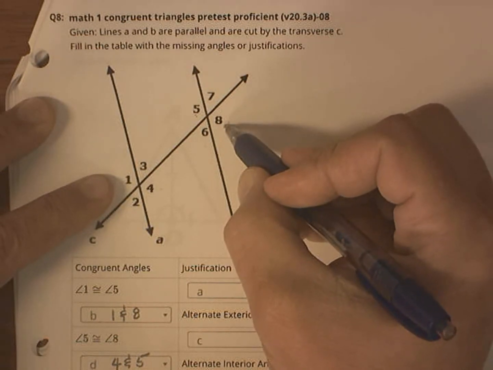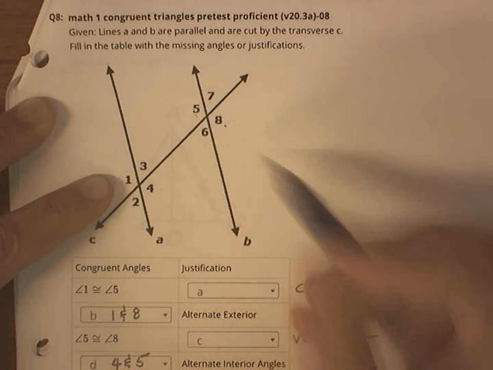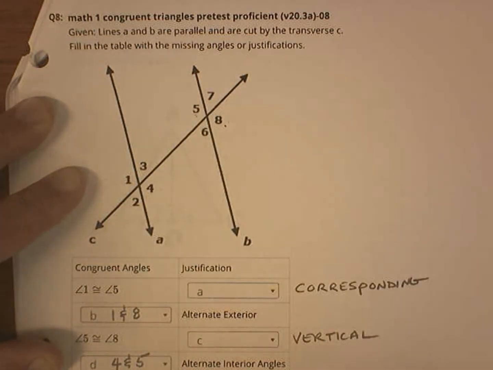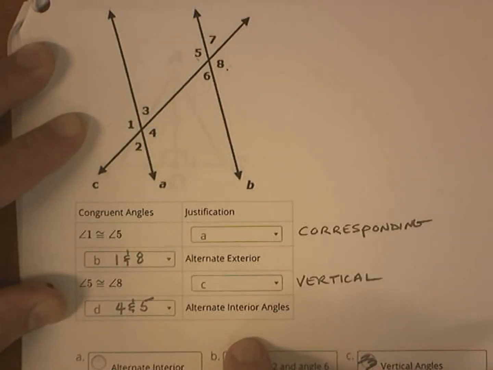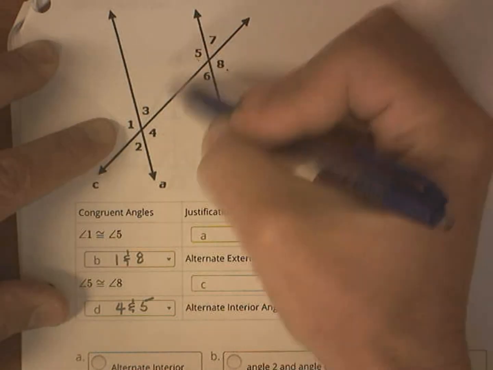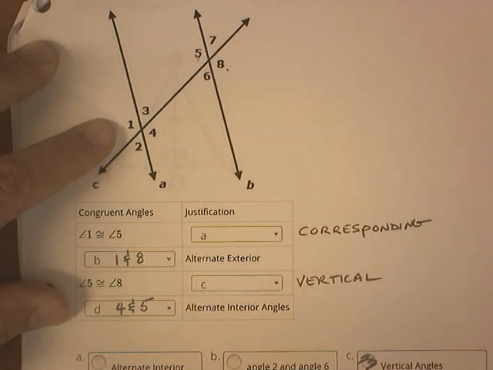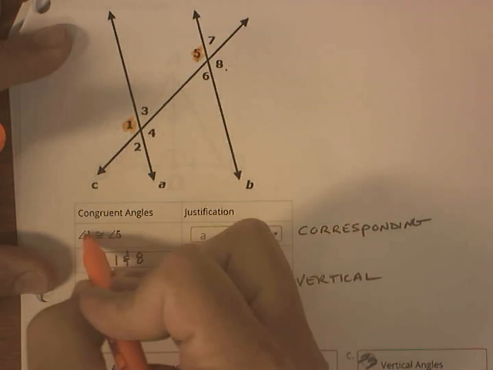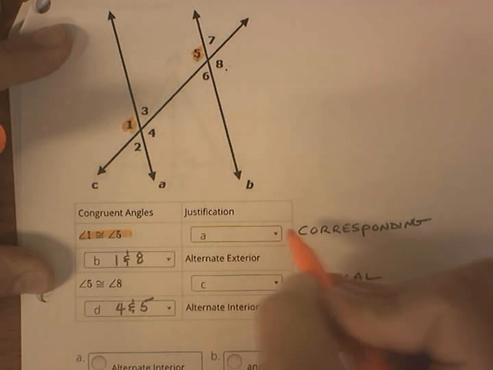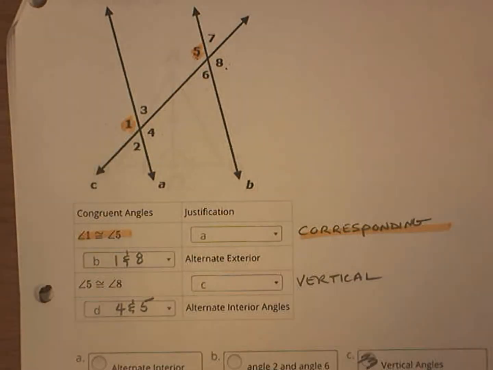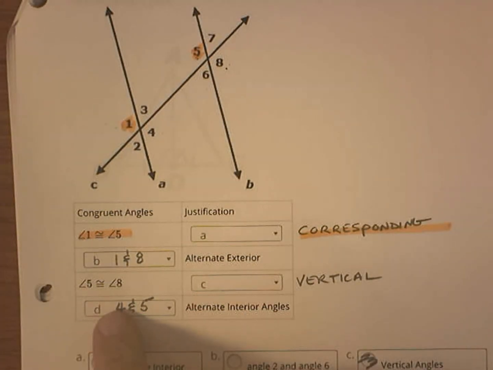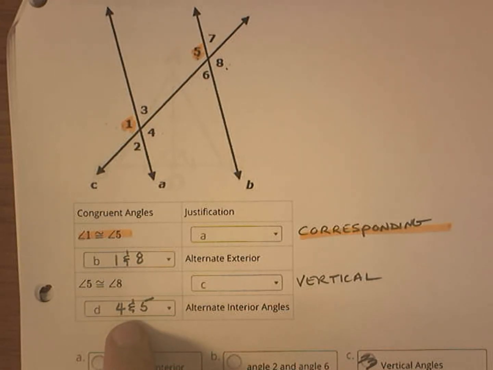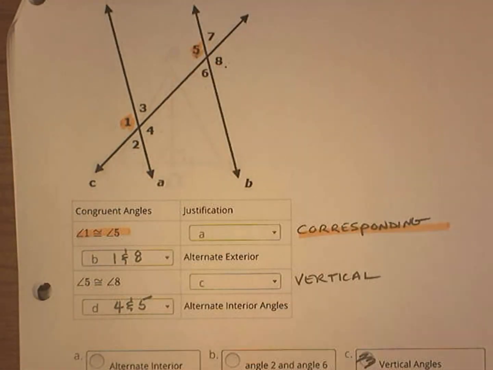Alternate exteriors? 5 and 8 are verticals, and 4 and 5 are alternate interiors, right? 1 and 5 are correspondings, those are the correspondings. 1 and 8, I'm not going to mark those. 5 and 8 are verticals. 4 and 5 are alternate interiors.